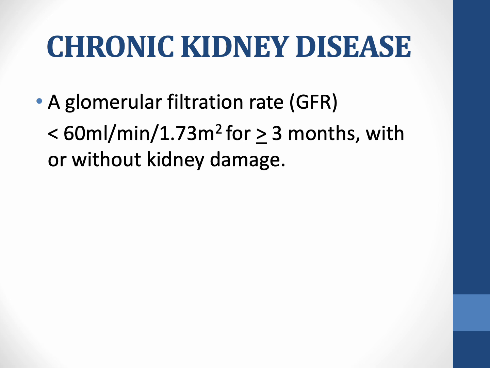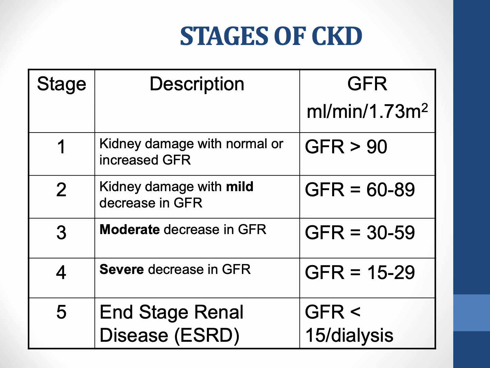CKD is also characterized by a GFR of less than 60 mLs per minute per 1.73 meters squared for more than 3 months, regardless of the presence or absence of kidney damage. When screening patients for kidney damage, collect data and prevent or delay the progress. The stages of kidney disease are determined by GFR.